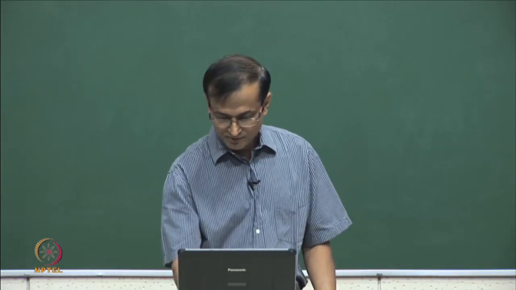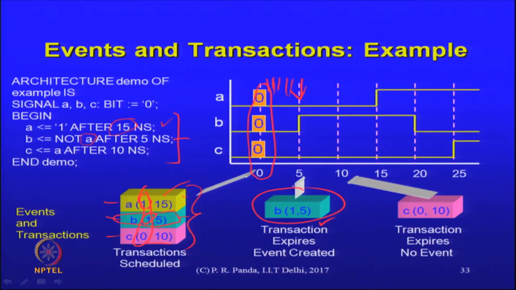So, when we pick this up for processing, we say that the transaction expires. What is maintained here is an event queue, and what we picked up from there is the earliest element that is scheduled in the event queue. After I take that away, what would remain in the event queue are the other two transactions A and C. The B15 transaction is taken out.